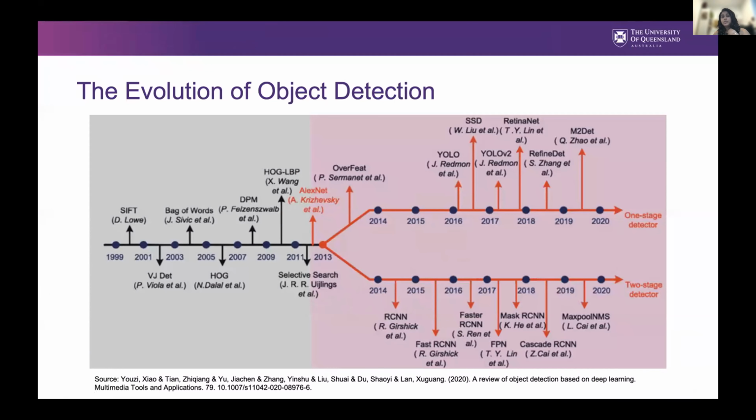object detection networks evolved in sort of two different eras. Before 2013, they were making slow progress, but after 2013, after the introduction of AlexNet, the improvements in these object detection models escalated, but they also split into two different types.